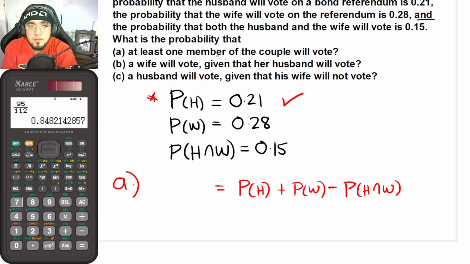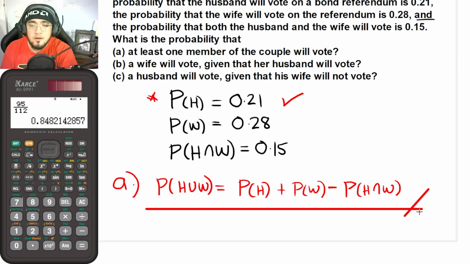Okay, so in other words, for letter A here, we are just getting the probability of the union of husband and wife. Once again, this equation was already derived in our last lecture, and this is now its formula.